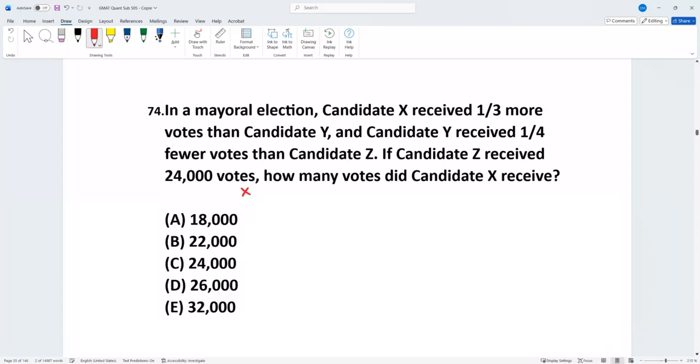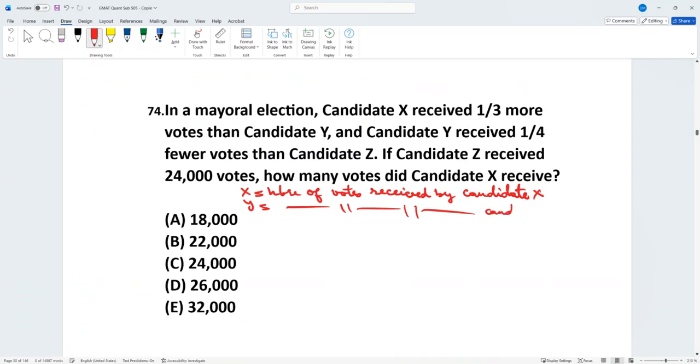So let's say X is equal to the number of votes received by candidate X. Y is the number of votes received by candidate Y. So the same logic here.